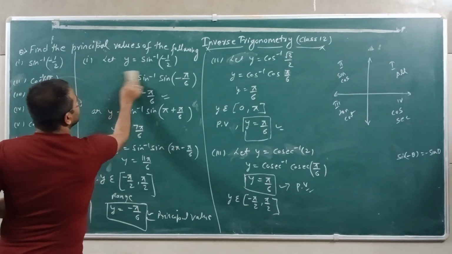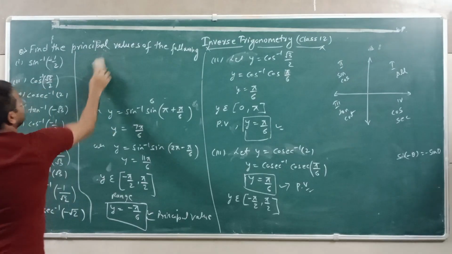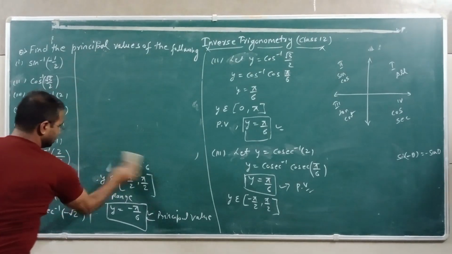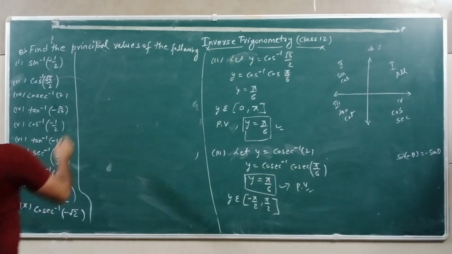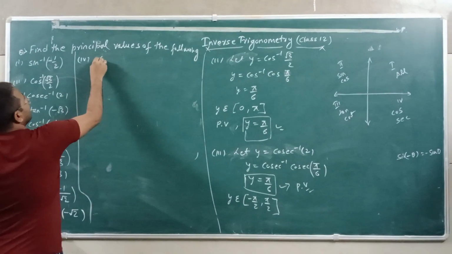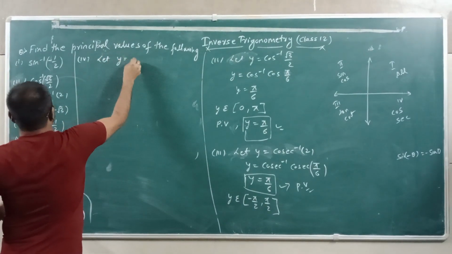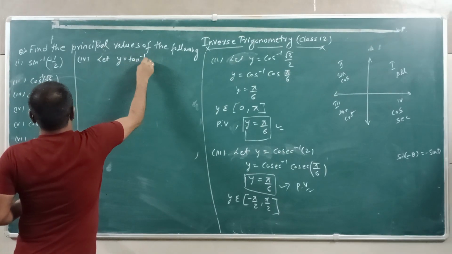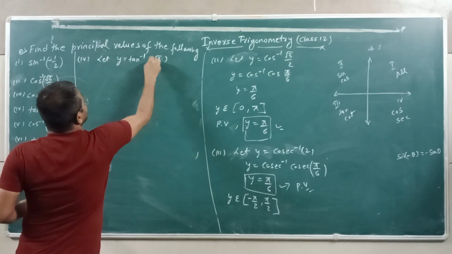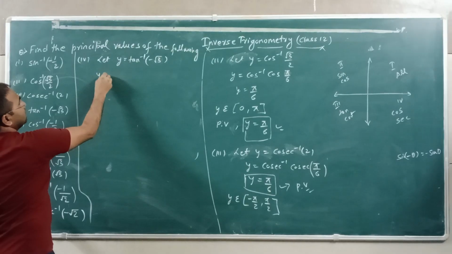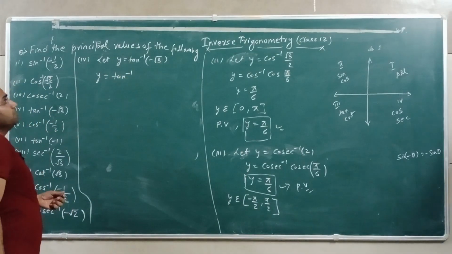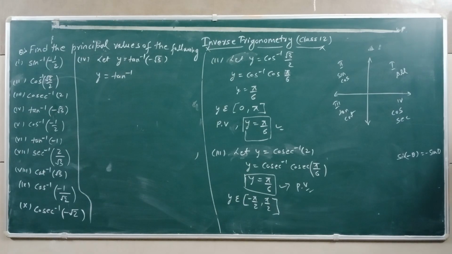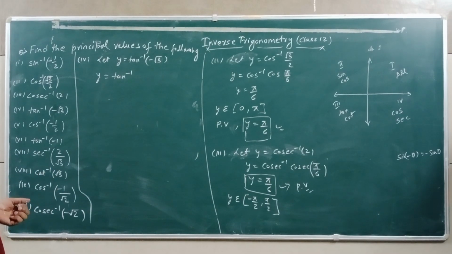So I hope you have noted down. I am erasing this one. Okay, now let us see the fourth one. Fourth one, write let y is equal to tan inverse minus root 3. Now see, tan 60 value is root 3, and 60 can be written as pi upon 3.